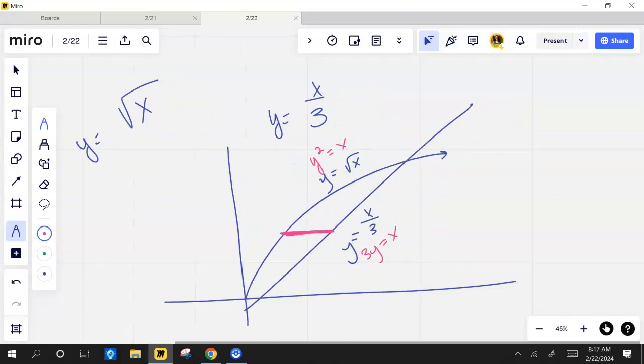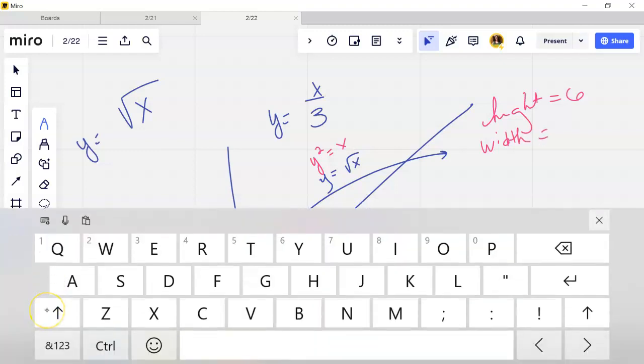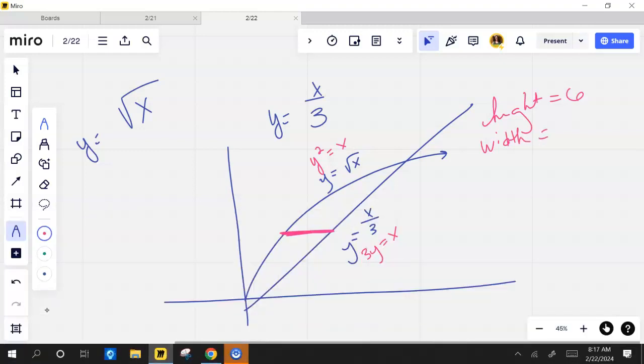I'm a rectangle whose height is 6, which means the only thing I'm lacking is my width. Oh my gracious, I can't even write. Width. My width is going to be the length of this cross section. So since it's with respect to y, this is right minus left, right?